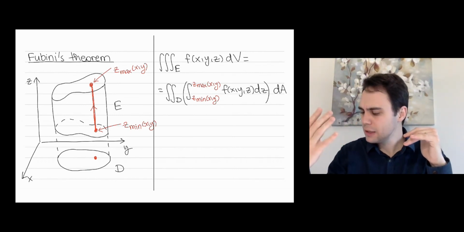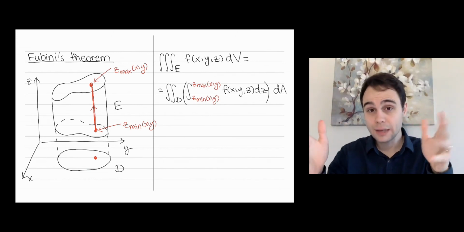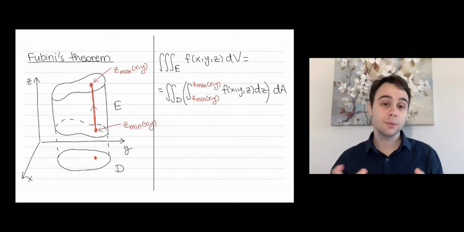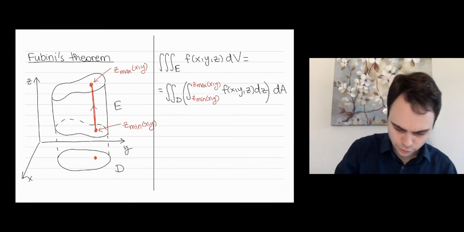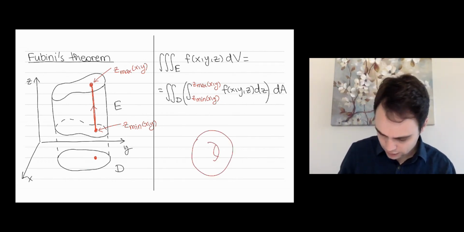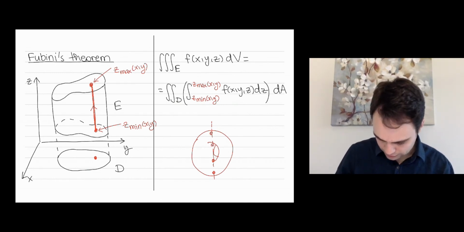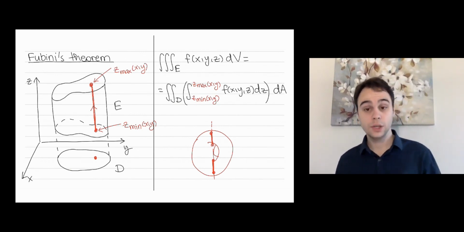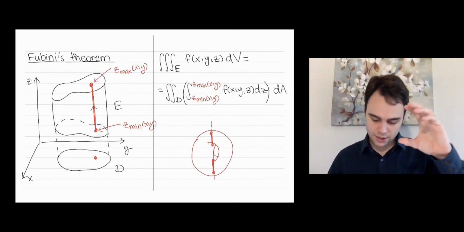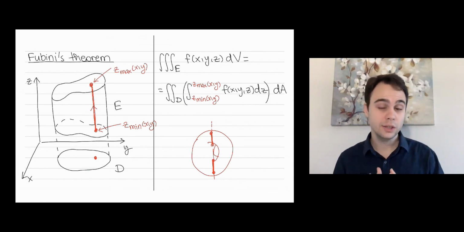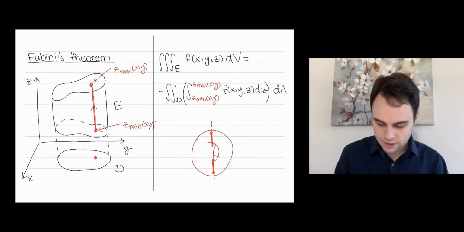If you see something like this, it's usually a bad sign. You most likely want to break up a complicated region. For example, if I have something like a torus, a solid donut, and I draw a vertical line, it meets the region in two line segments.